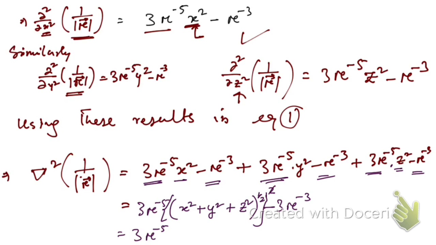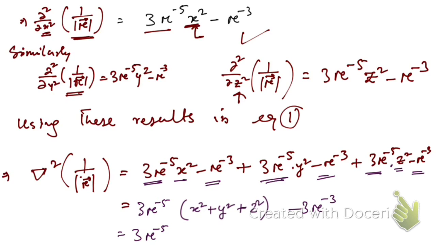Then again the 2 cancels, and it gives you x square plus y square plus z square. Hope you have understood what I have done. Let me explain it again. You can write this term in this way: if you give the power half, then you can write whole square. If you cancel these two, again you get the same term.